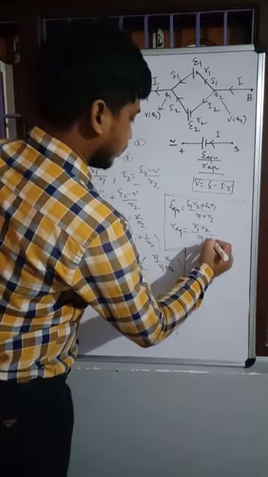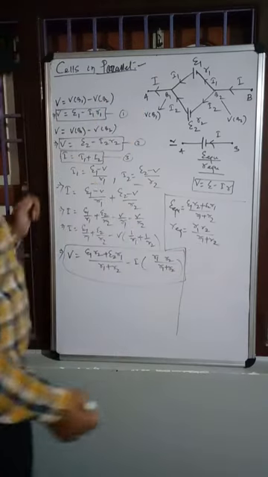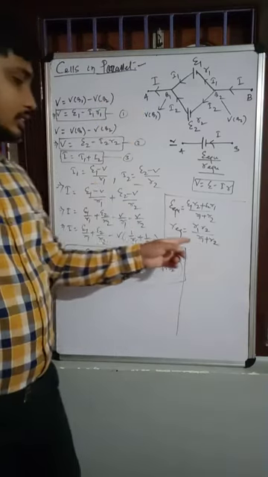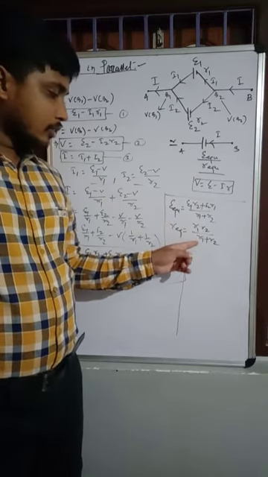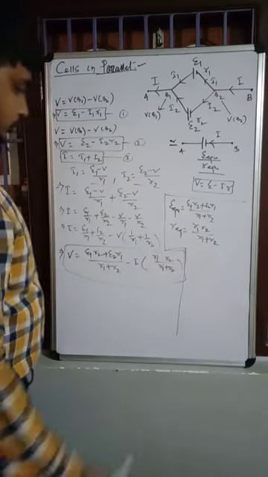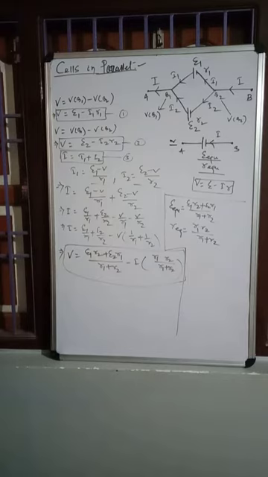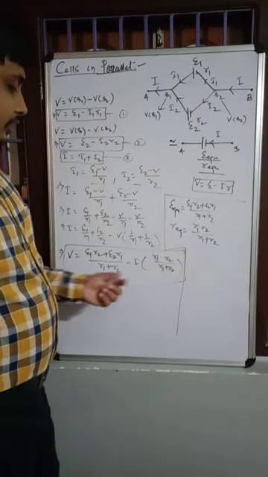You can also see that this is the case of the parallel combination: 1 by R equivalent equals 1 by R1 plus 1 by R2. So this is all about the connection of cells in parallel.